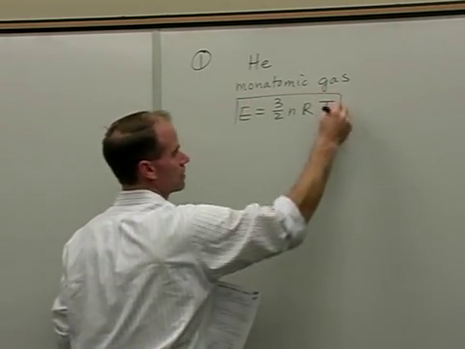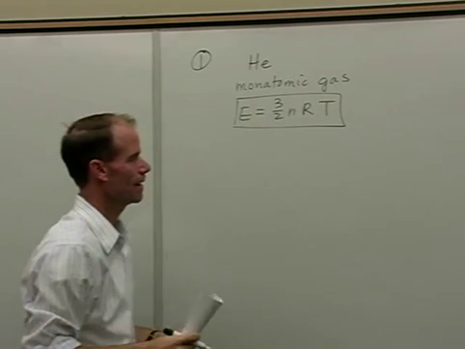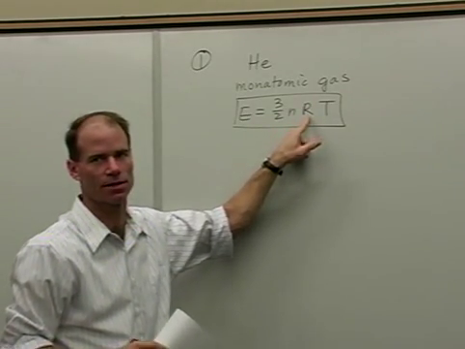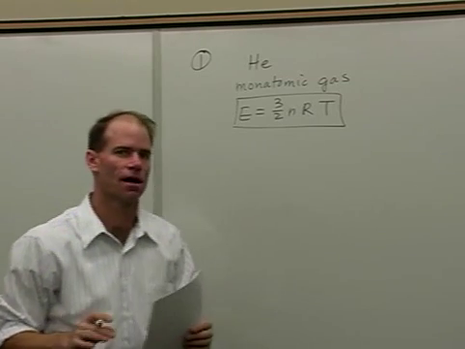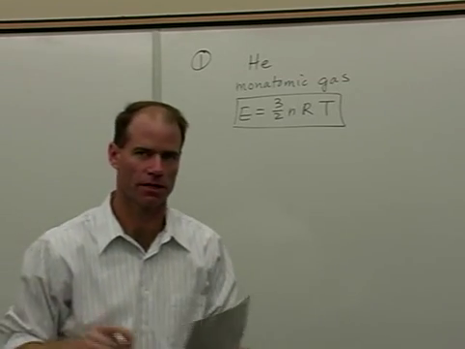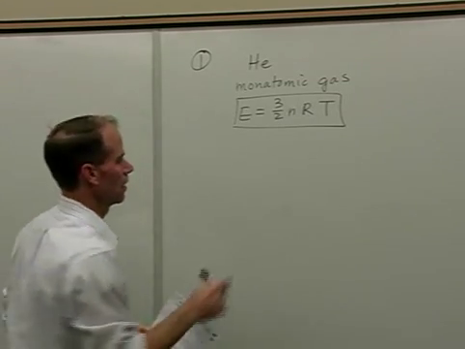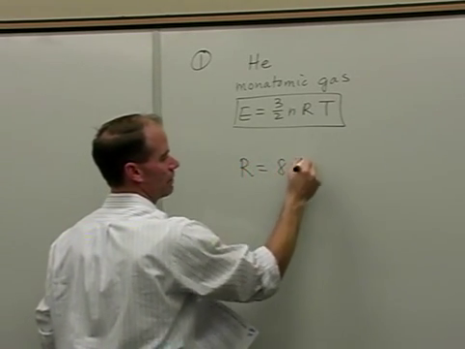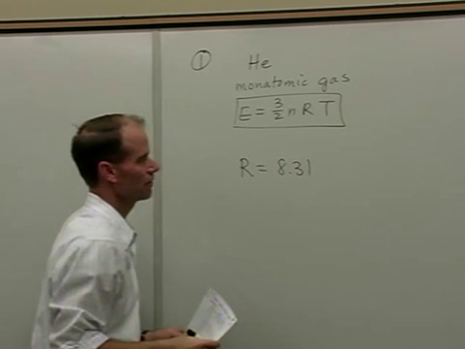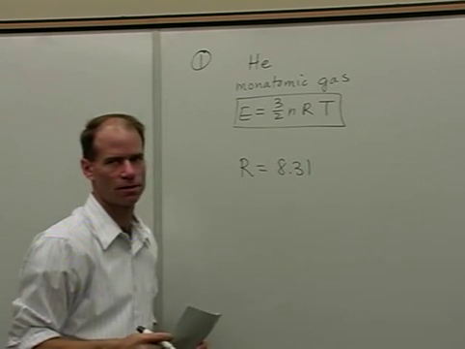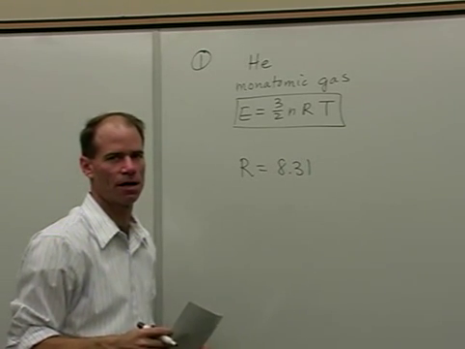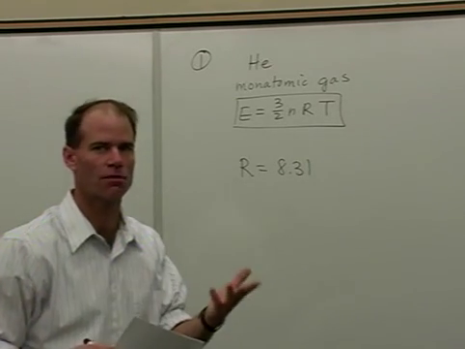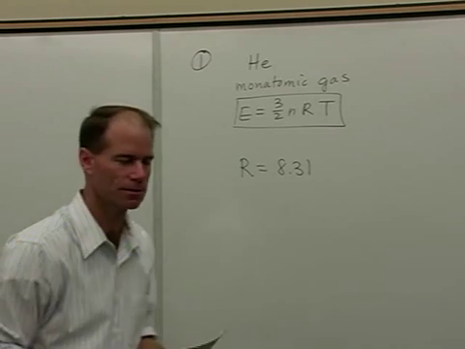Now, when I use this formula, I have 2 possibilities for the gas constant here. And it really depends on the other variables that are given in the problem. In particular, R is equal to 8.31 if the pressure is given in terms of pascals, which is newtons per meter squared, and the volume is given in terms of cubic meters.